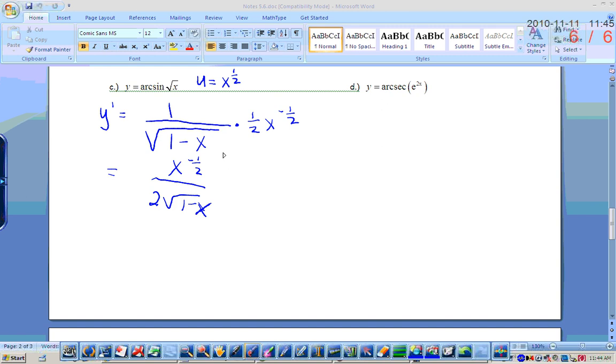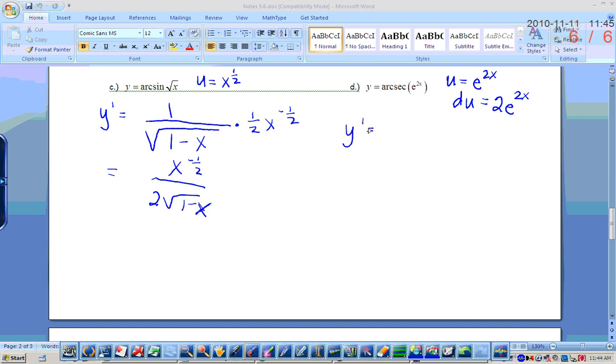Okay, D. Arc secant's the one I struggle with because I have the other two memorized, but I have trouble memorizing the arc secant. All right, what would u be? e to the 2x. And sometimes it's helpful to go ahead and say what du would be. du would be 2e to the 2x. Good.